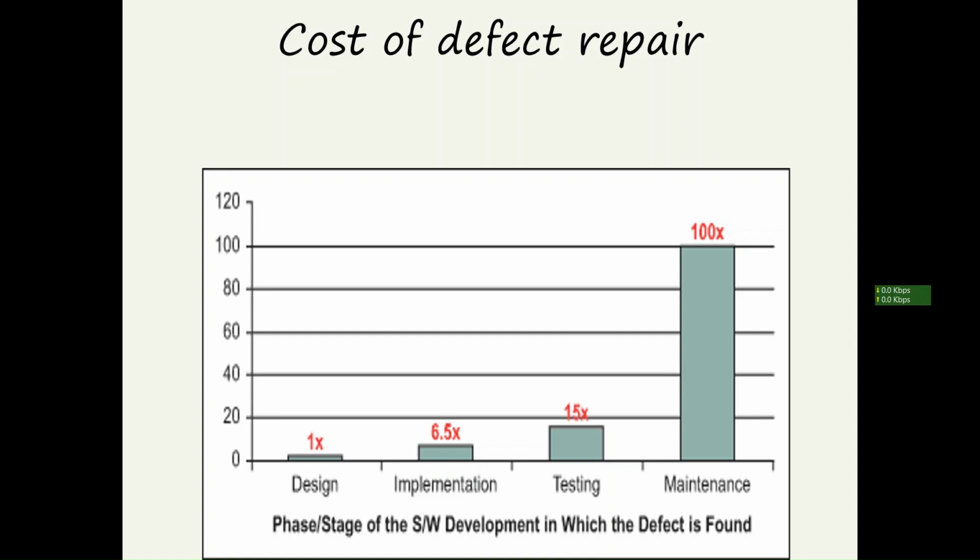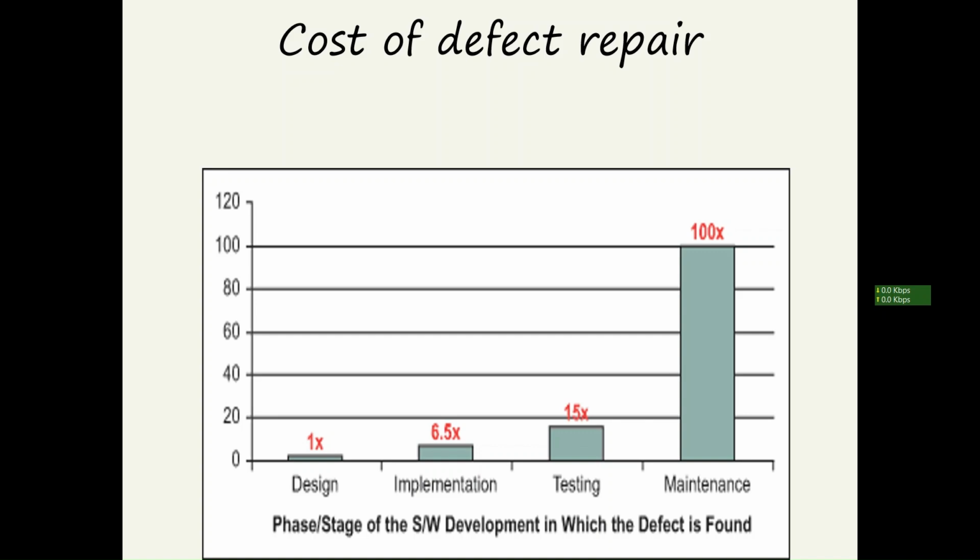Requirements you have to change, plan you have to change, design you have to change, code you have to change, all the testing documents you have to redo, test, retest again, and prepare documents again. Then you are wasting time, effort, money. The earlier you find a defect, the more the cost is minimized. That is what this diagram is showing.